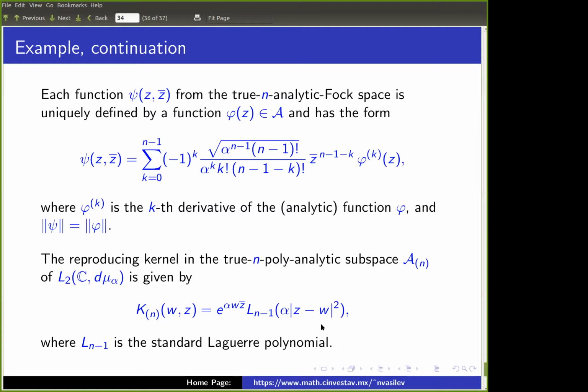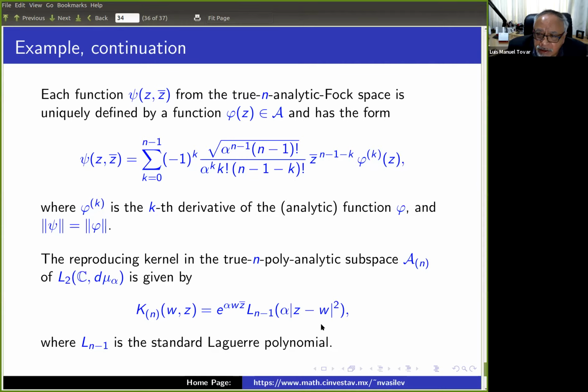But then do you have some kind of Cauchy integral formula to reproduce the function with some integral on the boundary? Well, not exactly, because say for Fock space or Fock space with weighted measure, this analytic space is just the space of entire functions. So there are no boundary values at infinity. So it's just impossible. Okay, thank you.